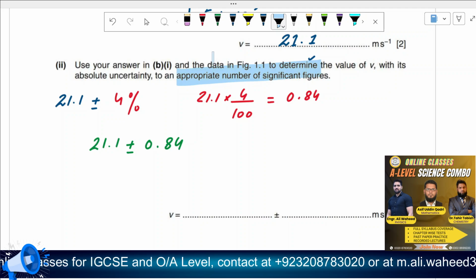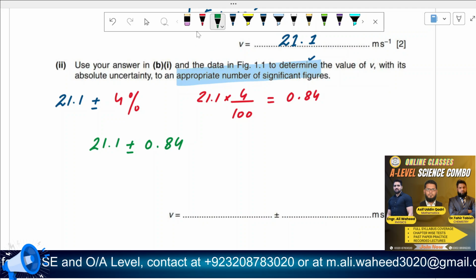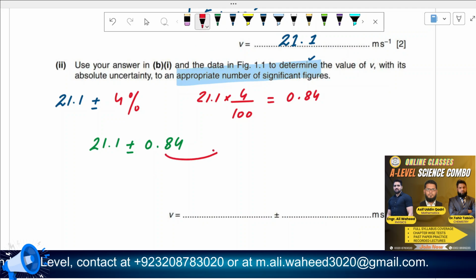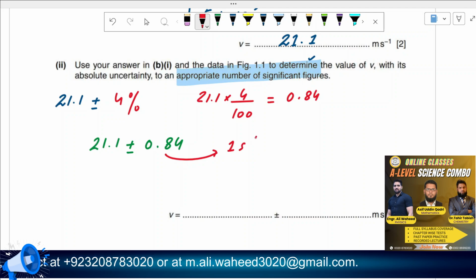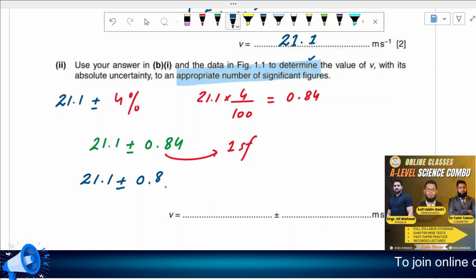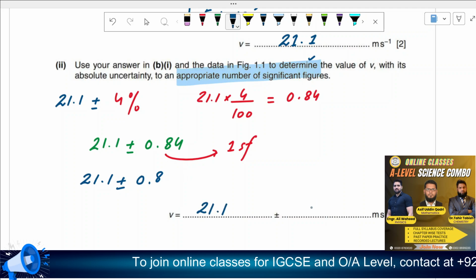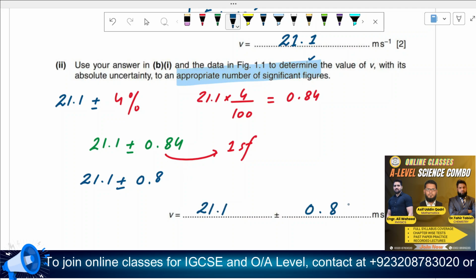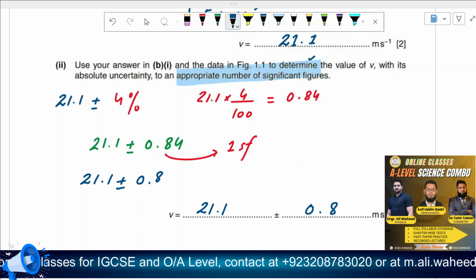The absolute uncertainty has to be in 1 SF. That's a rule. The absolute uncertainty in A-level physics has to be in 1 SF. So I'll reduce it to 1 SF: 21.1 plus minus 0.8. We don't write 0.80, as 0.80 would again be 2 SF. So 21.1 plus minus 0.8 meter per second.